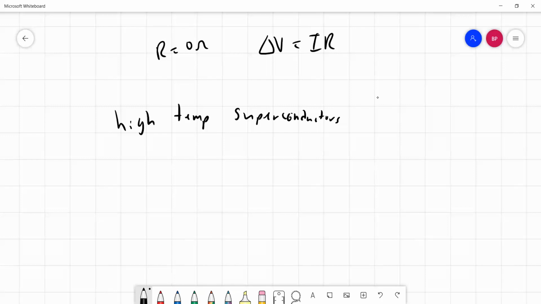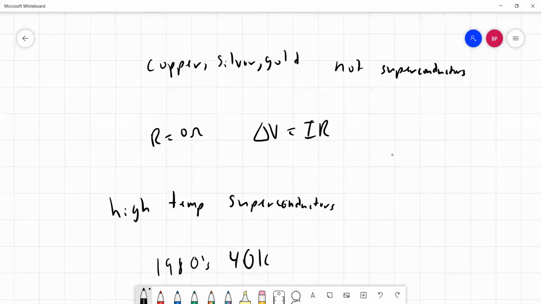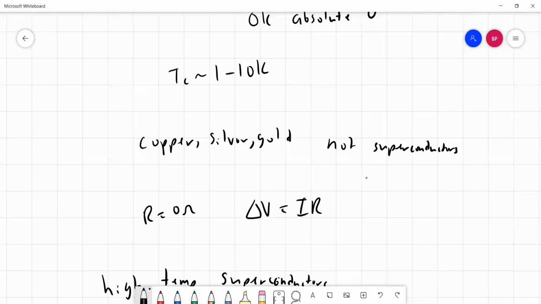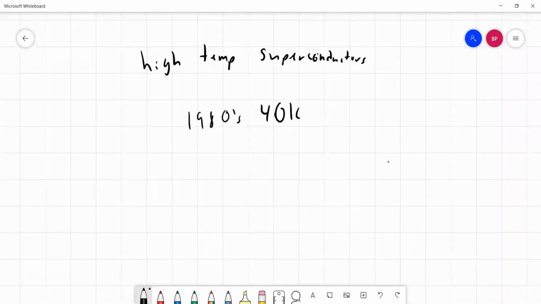So high temperature could mean different things, but starting in around the 1980s, someone found a way to have superconductivity around 40 Kelvin, which is still extreme. That's still extremely, extremely cold, but much warmer than they were having it before, right? It was in the 1 to 10 Kelvin range, and now we're up to 40.